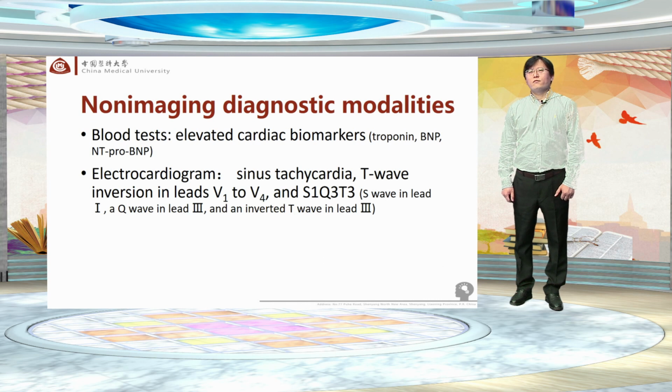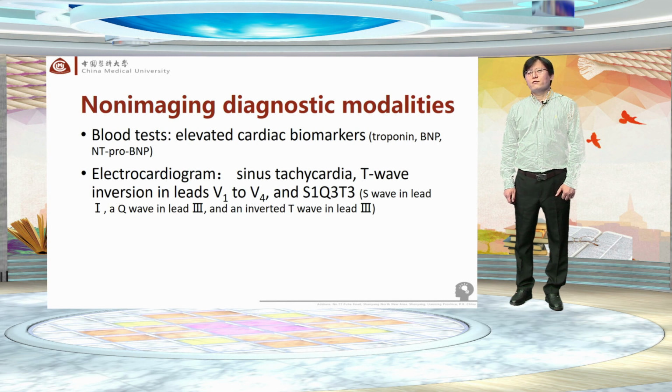We have other non-imaging diagnostic modalities like elevated cardiac biomarkers: troponin, BNP, NT-proBNP. They all help us identify right ventricle overload. And we can also use EKG to help us with the diagnosis.